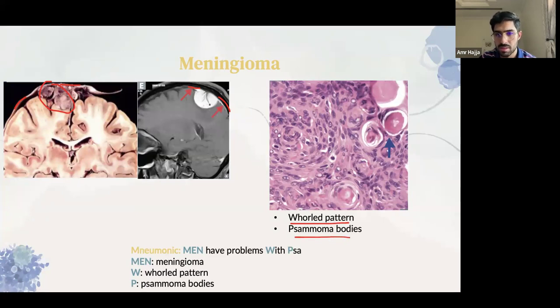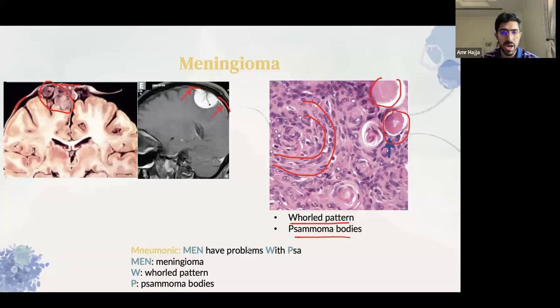Whorled pattern is basically the thing that's kind of doing a circle, going like this, and also here like this. By the time these whorled patterns aggregate together, they form the psammoma bodies, as we can see here. Here, these are the psammoma bodies.